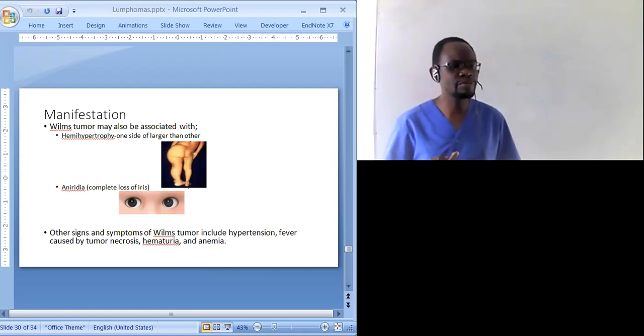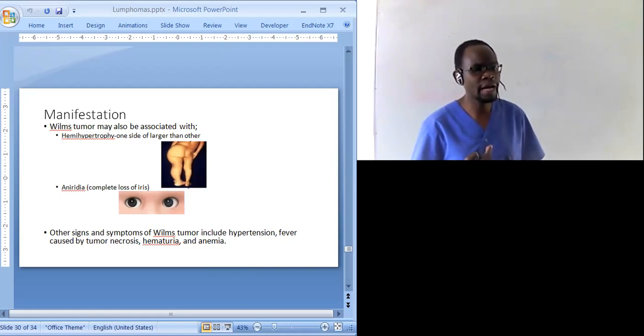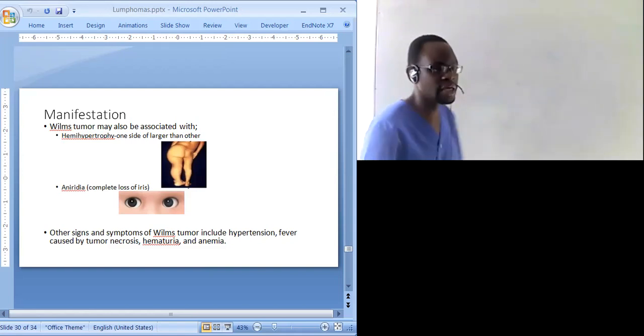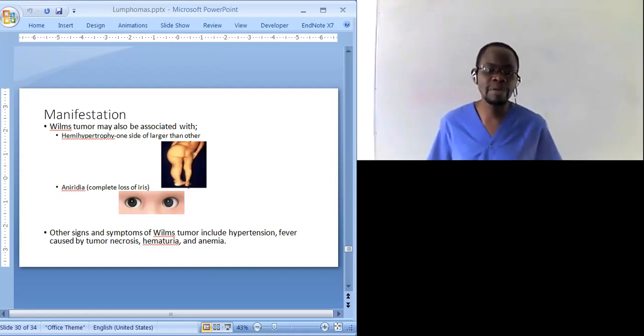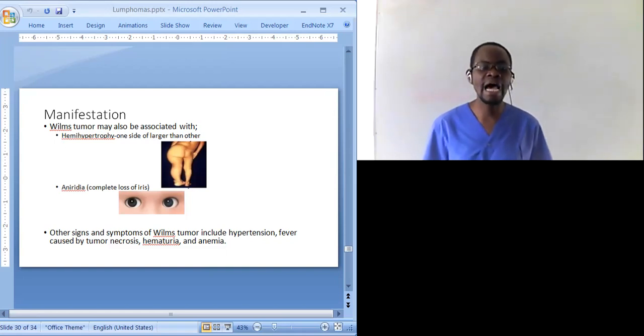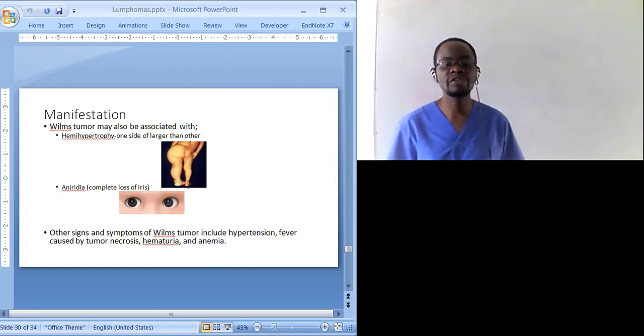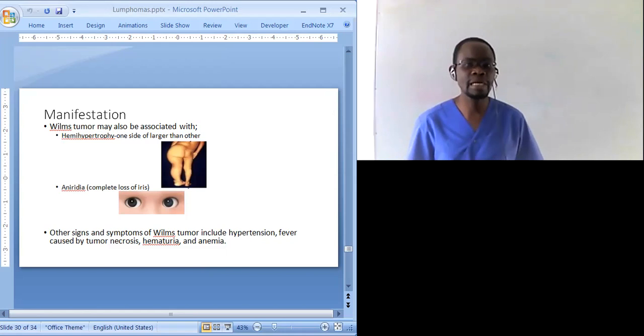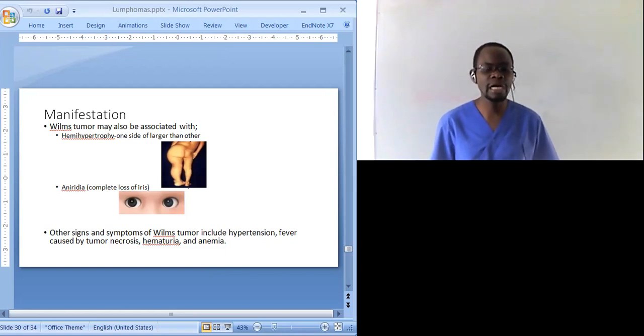Other signs and symptoms may include hypertension. Remember, this tumor is on the kidneys, and the kidneys play a very big role in control of blood pressure. You remember the renin angiotensin aldosterone system.